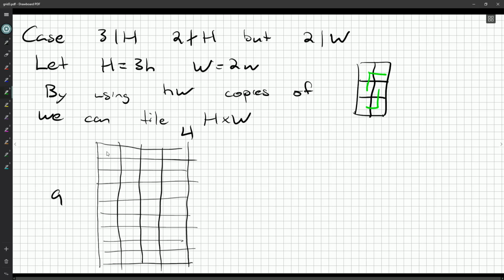Okay, so what are we going to do? Well, just do 3 copies of this. I'm going to color code them just so it's nice and visually distinct. But there we go. So that's as an example. But you just need h w copies because h of these gives me the height 3h, and w of these across gives me 2w. Okay, so that's not bad.